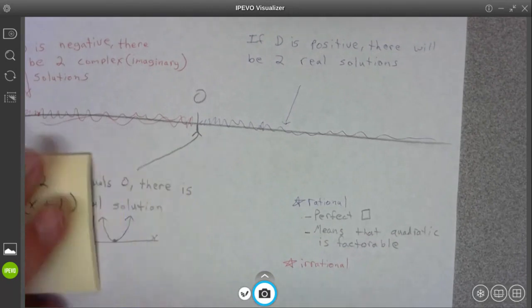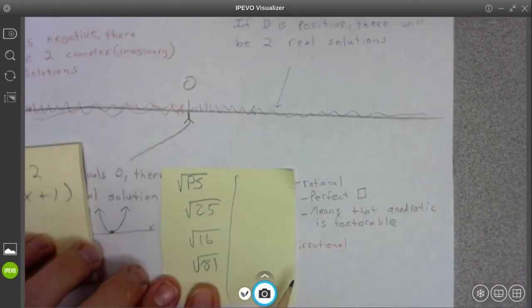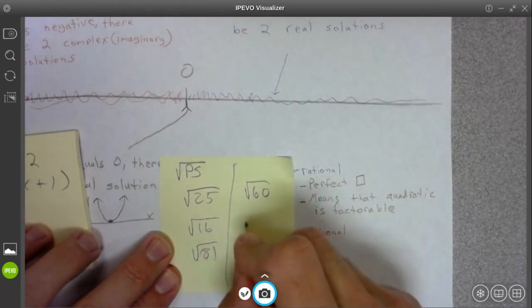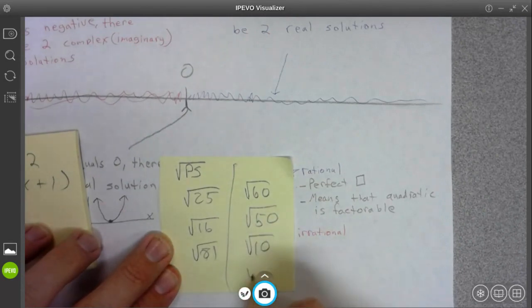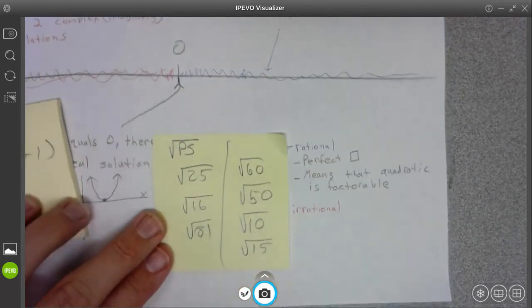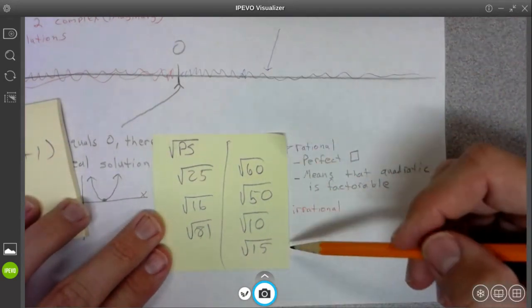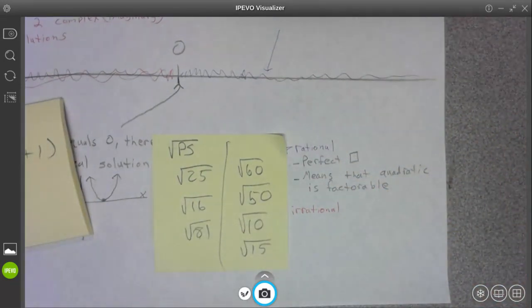The other case is that what if the stuff inside the square root is not a perfect square? So let's say it was 60 or 50 or 10 or 15. All right, there's lots of them that are not perfect squares. If the part in the square root is like this, then you're going to have two irrational solutions.